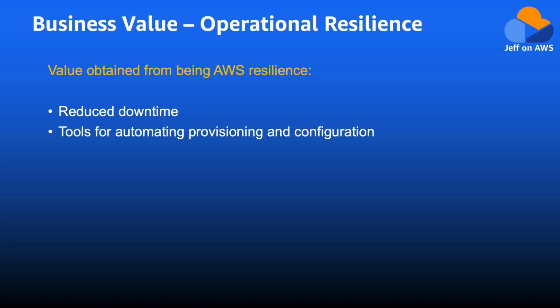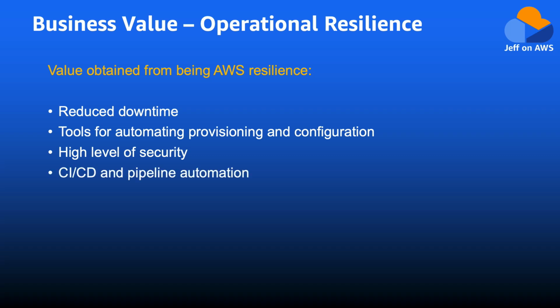There are also tools for automating provisioning and configuration and reacting to needs, so that resilience pays dividends as well. There's a high level of security from AWS, so you're better prepared to withstand the storm of malicious hackers trying to steal your corporate secrets or insert ransomware into your environment.